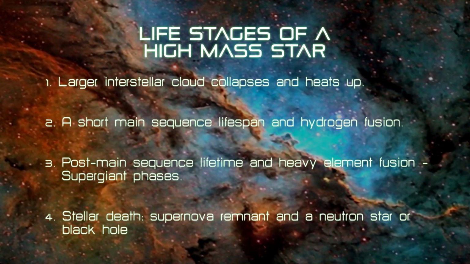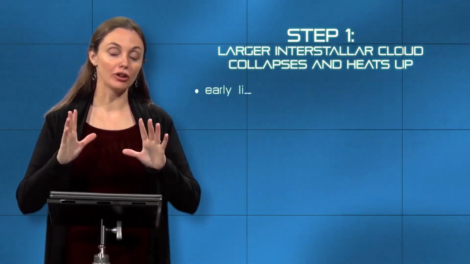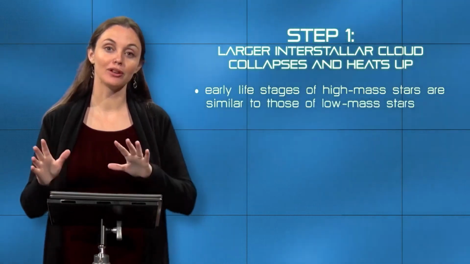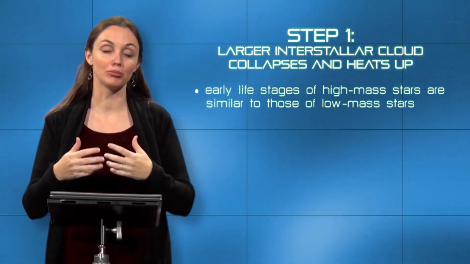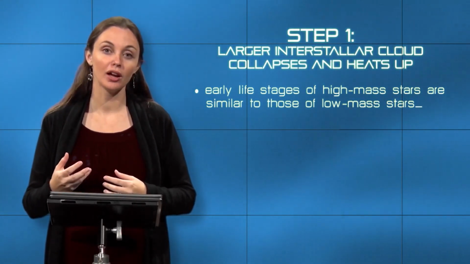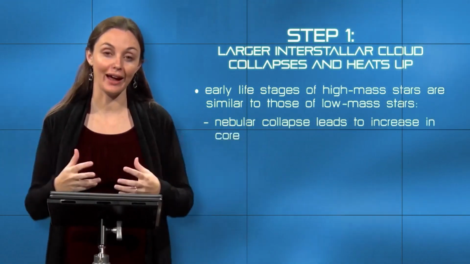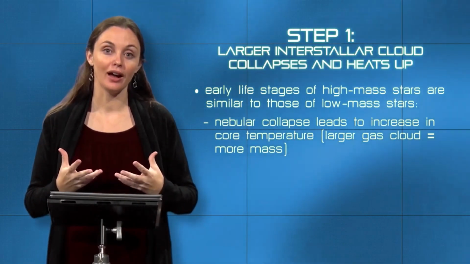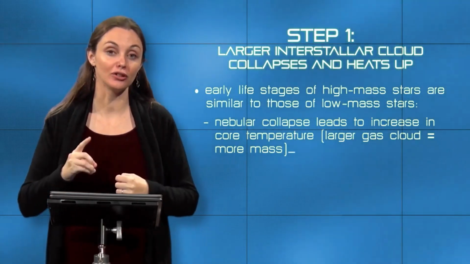So stage 1, step 1 of a high mass star is going to be very, very similar to the first stage of a low mass star, so much so that we're going to speed through that pretty rapidly. The only real difference in this first step, where the star actually forms, is that a higher mass star is going to require the collapse of more gas, a bigger nebula, a denser patch of the universe all collapsing down to form a single star.